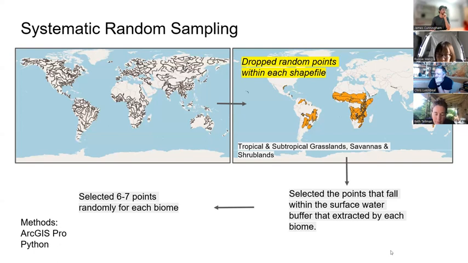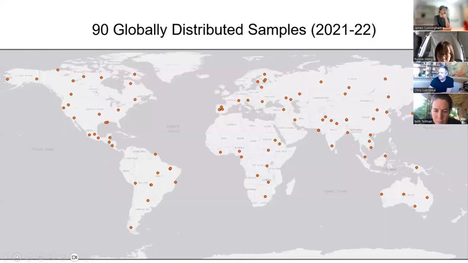From each biome, depending on the surface cover, we randomly select 6 to 7 points. If the biome is much larger and wider, we just select 7 points. We used ArcGIS Pro tools and also a Python script for this part. After we ran all 14 biomes, we got 90 globally distributed samples.